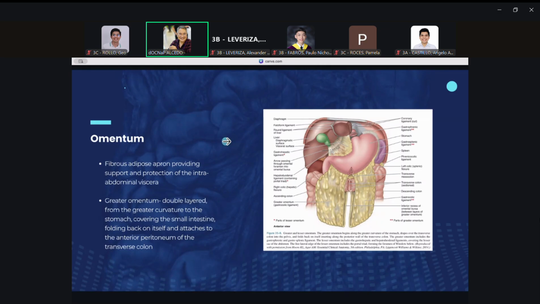Okay, now let's go to the omentum. So the omentum is the apron here, whose primary role is to act as the policeman of the abdomen. No? So wherever there is a problem, just like the police, they go there. No? If you have an inflamed tissue, then the omentum will go there. Okay?